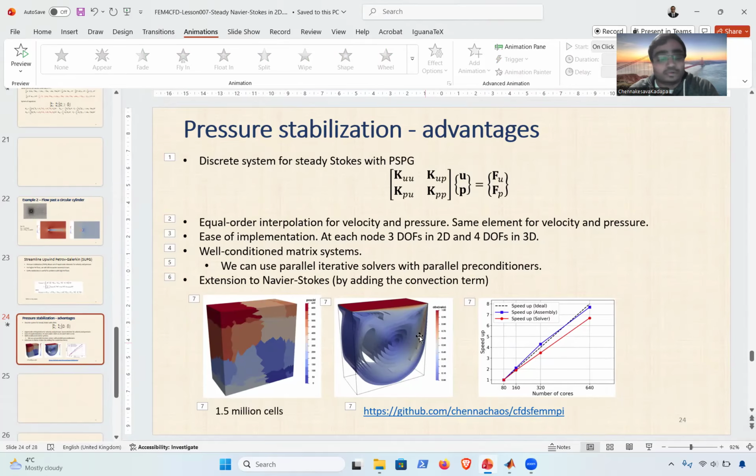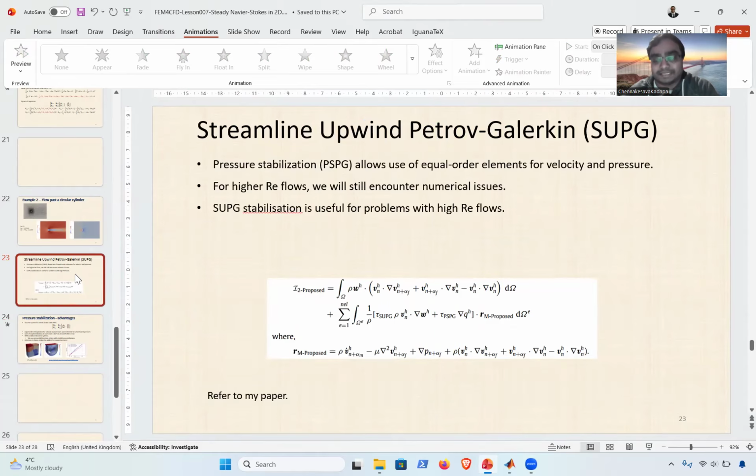And we should solve more. This is the advantage of using better methods: equal order interpolation, ease of implementation, better linearized versions, no iterative streams, reduced number of load steps. So by solving problems separately one by one, we try to solve bigger problems efficiently.